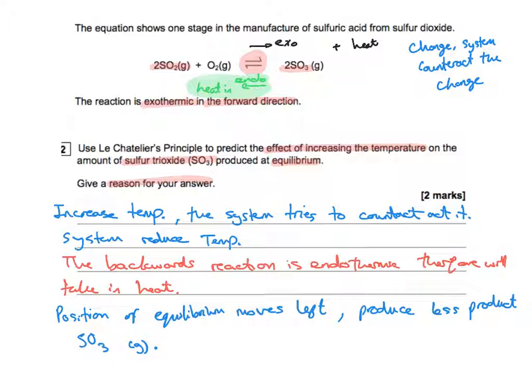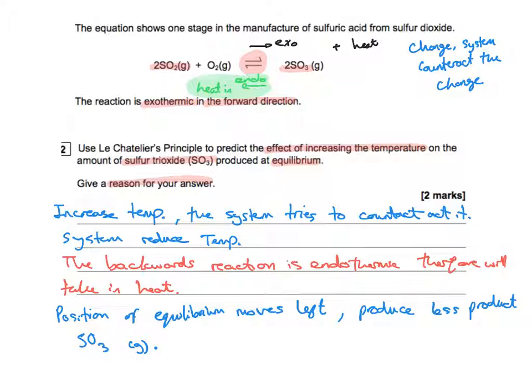Okay, so let's just read through this. Because the forward reaction is exothermic, if you increase the temperature, the system always tries to counteract it and reduce the temperature. So the backwards reaction is endothermic, so it takes heat in. So the equilibrium will move left to produce more of the reactants, and therefore it will make less of the product.